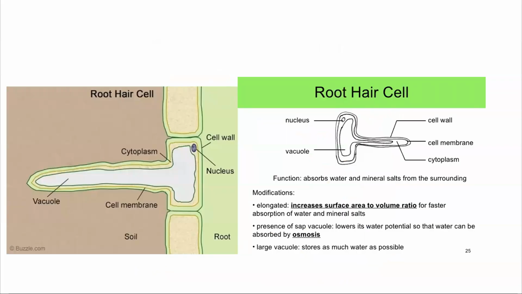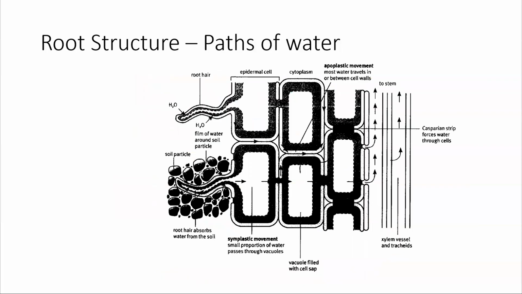Okay. Another little look. Oh, we already looked at this movement of water. There we go. Here's another sort of vertical cross section of the path of water, water coming in through the root hair. Of course, it can come between cell walls on the epidermis. And we've got water movement coming through.